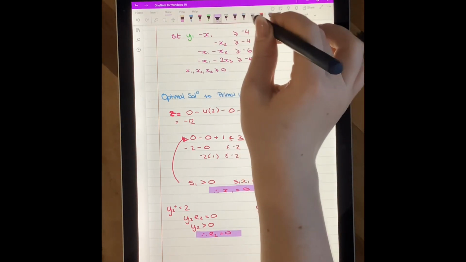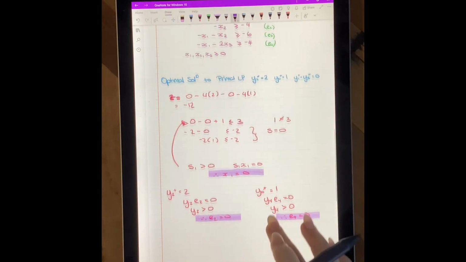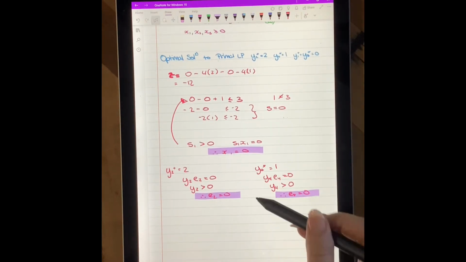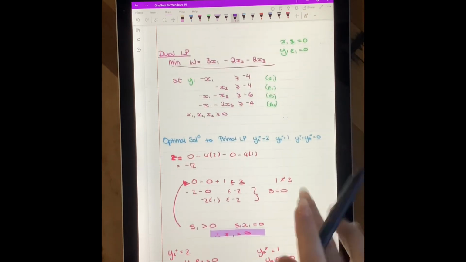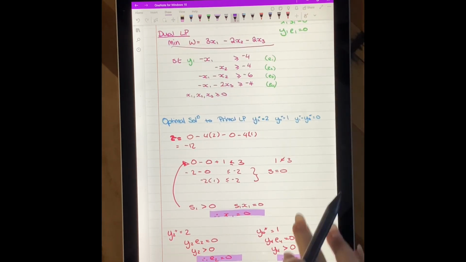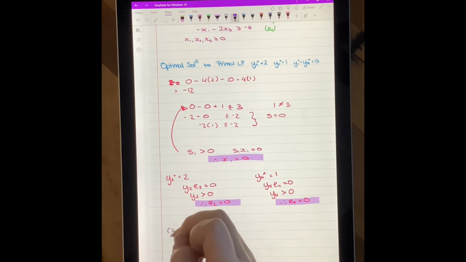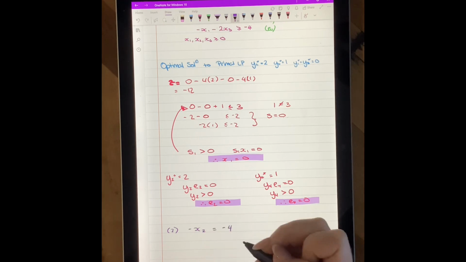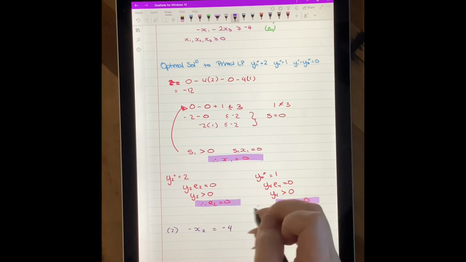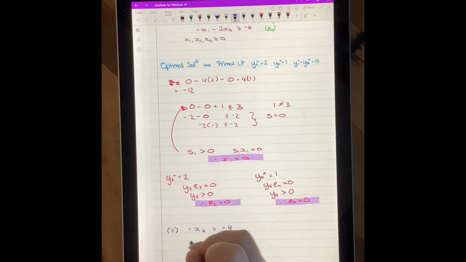So using what we have, we can then go back to the corresponding constraints of the dual problem up here. So that's constraint 2. So it's negative x2 equals negative 4. Because they have no excess, it's an equal sign.